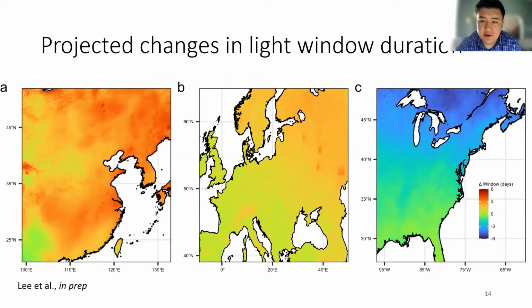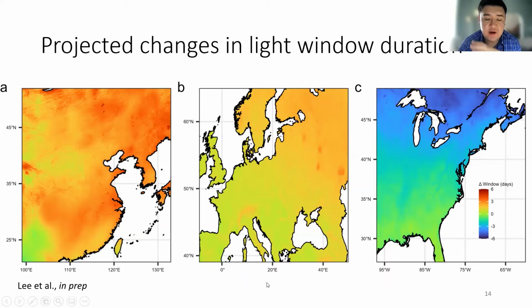And just throwing this up in a sort of map form, here in these figures, the warmer red colors show projected increases in spring light window duration by the end of this current century, whereas the cooler blue colors show projected decreases in the duration of the spring light window.